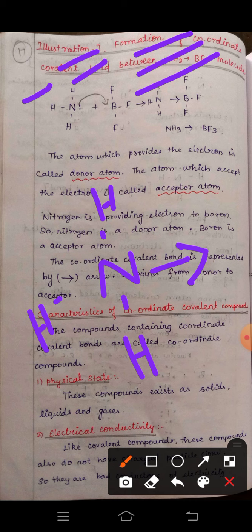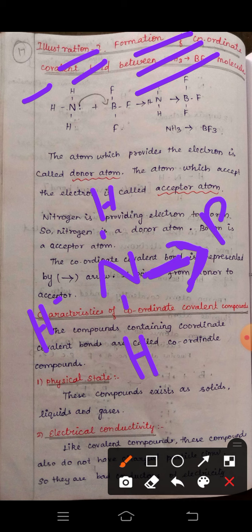For a coordinate covalent bond, the arrow mark points from the donor to the acceptor. Here nitrogen is the donor atom, so we start the arrow mark at nitrogen.